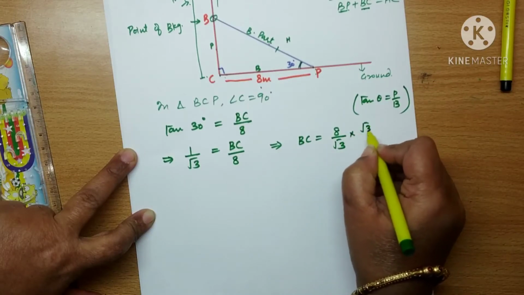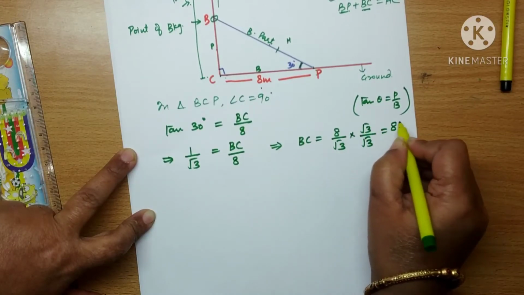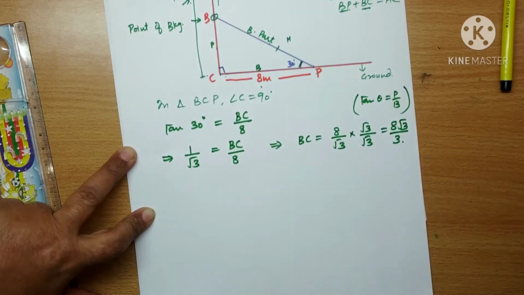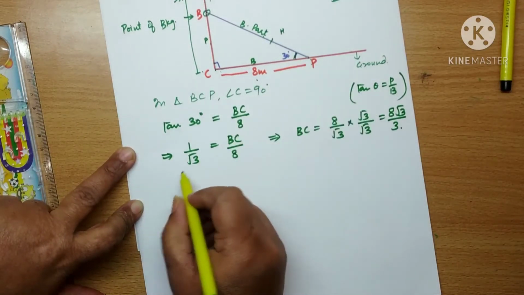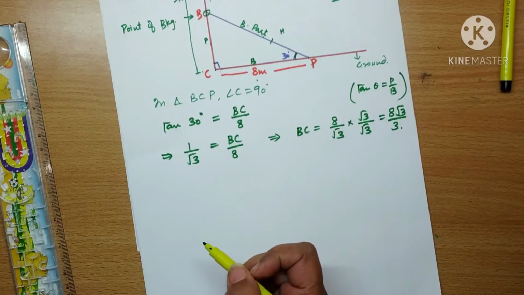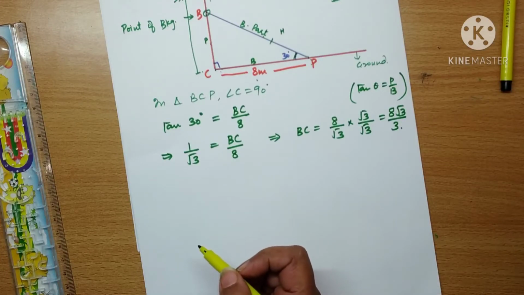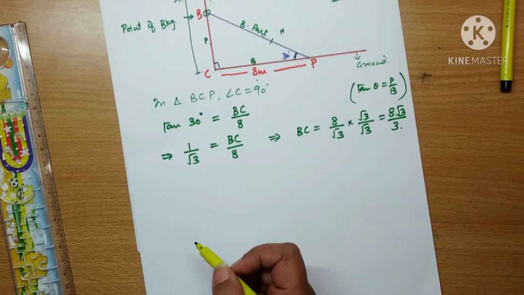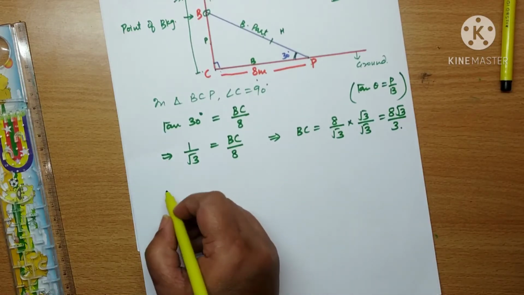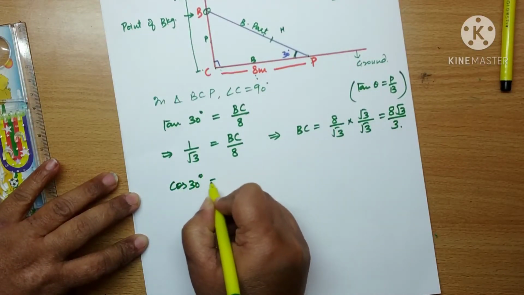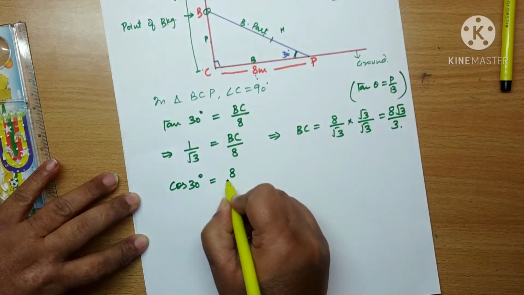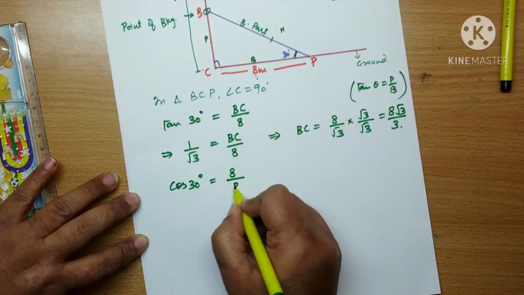Since we do not leave the denominator irrational, let us rationalize it. After rationalizing, I get this BC. Next, BP we need to find out. So how do we get BP here in this question? Because it's hypotenuse, I may get it from either the cos or the sine. If I use cos, because we have the base, cos 30 will be equal to base, that is 8 by hypotenuse, which is BP.